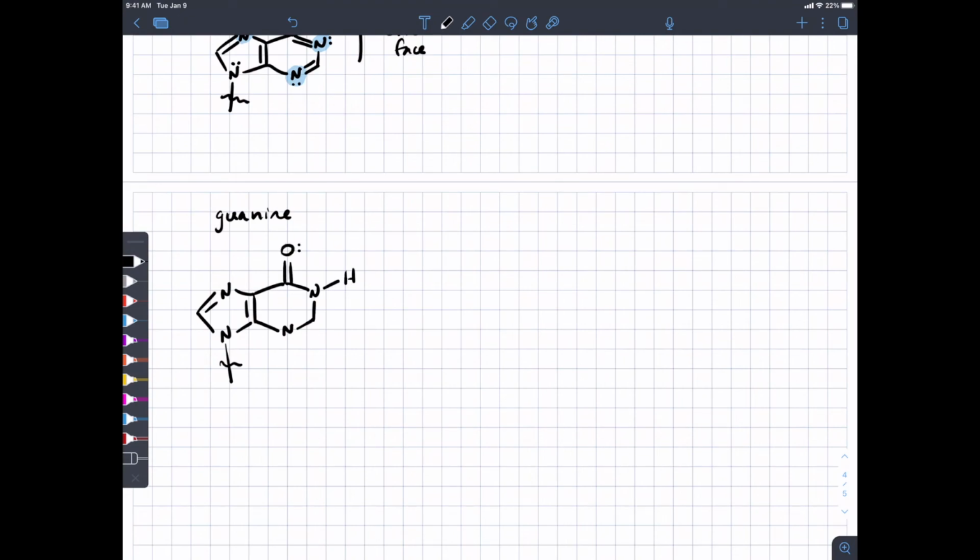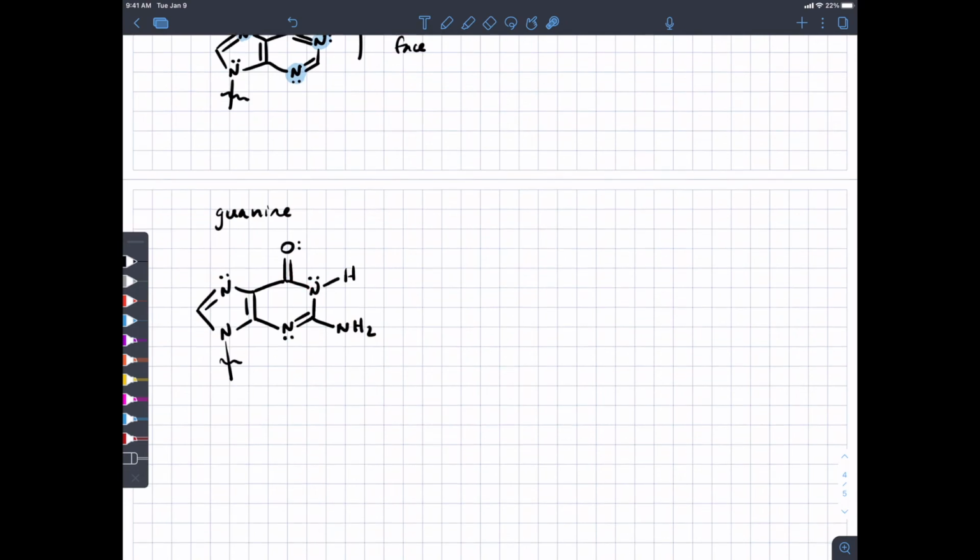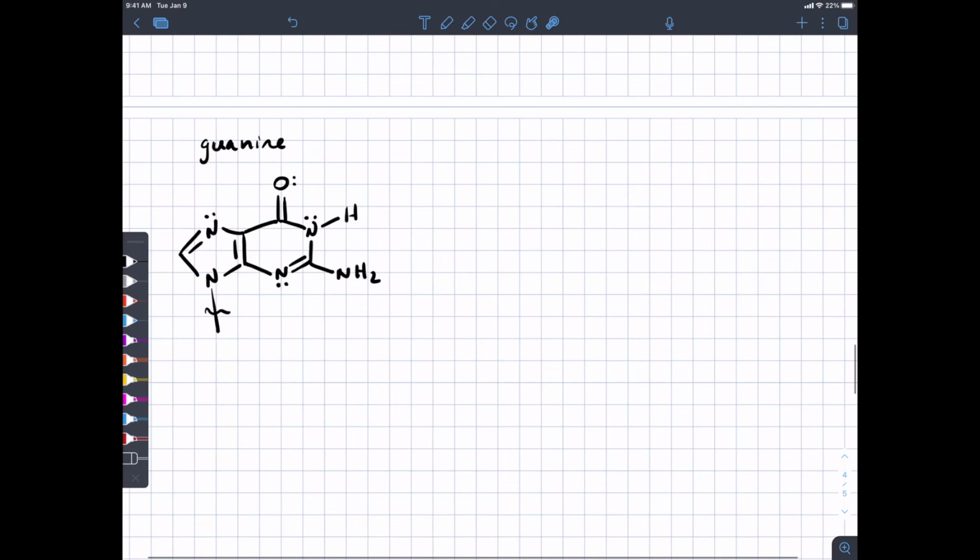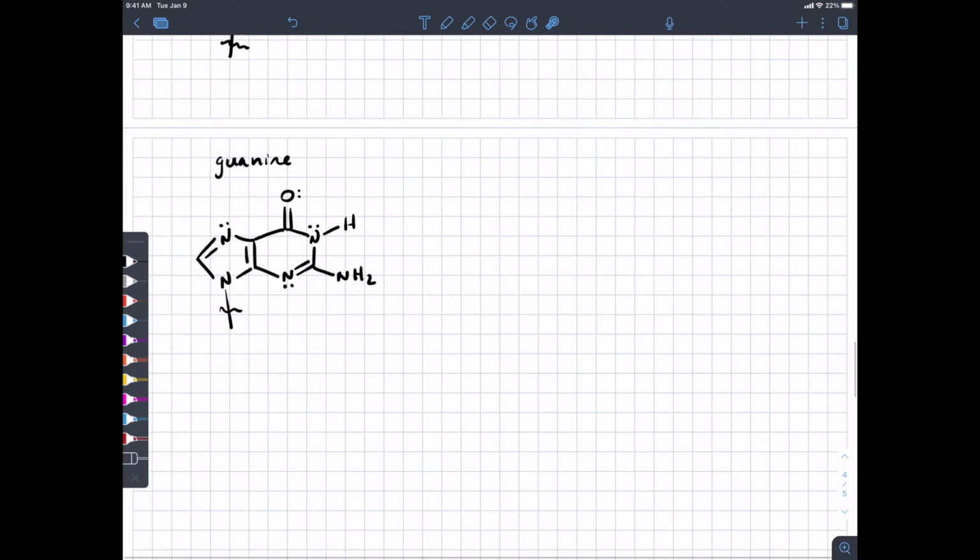You've got a carbonyl oxygen here, and then you have an exocyclic amino group here. Double bond there. Guanine is still aromatic. The lone pairs here can form by resonance a pi bond between this nitrogen and that carbon. And so if a molecule is aromatic in one resonance structure, it's generally considered aromatic in all of them. I'm not going to ask you whether adenine or guanine is aromatic because it has an easy answer, and the answer is yes. So, what would be the point?